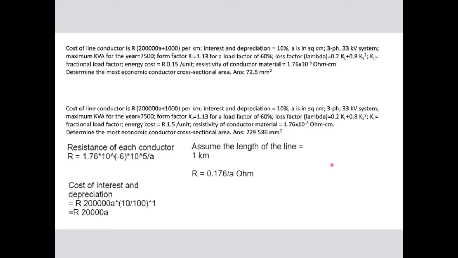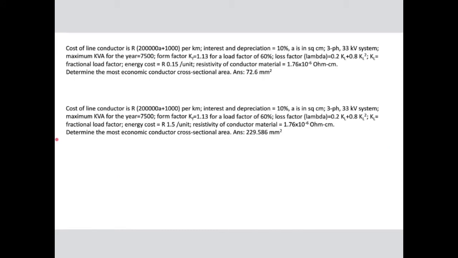So when we're done with that, we can go for cost of energy wasted. Let me clear all these things, it won't be enough space. Cost of energy wasted, like per annum.